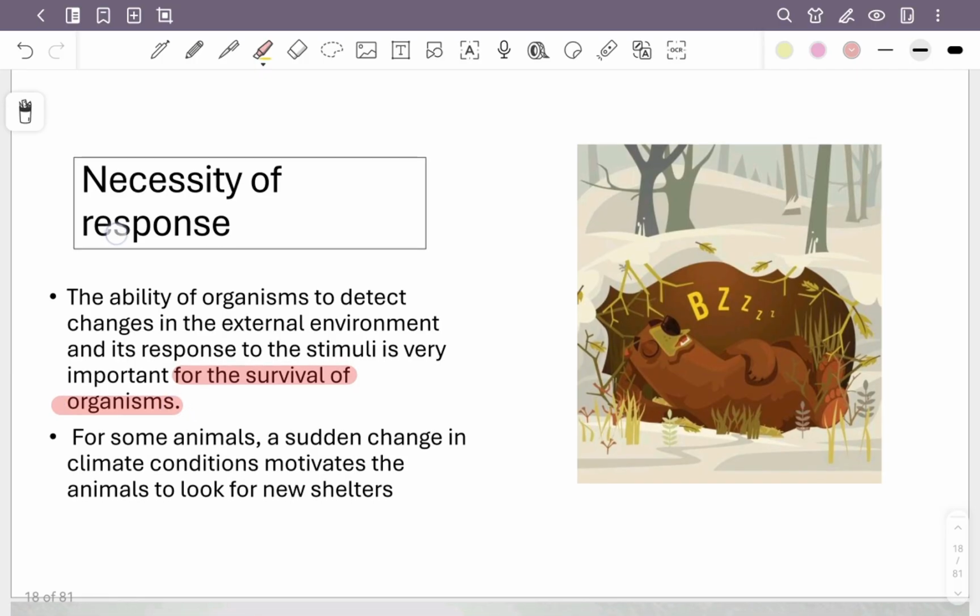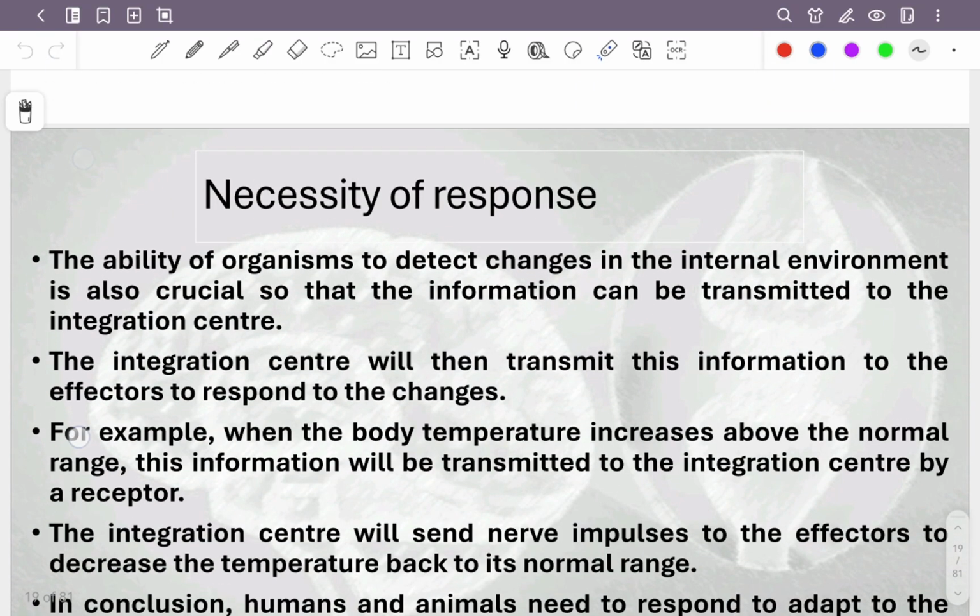For some animal, a sudden change in climate condition will motivate the animals look for new shelters. For example, here is the bear. Let's say if there is a change in the weather and let's say you have no response toward it, what will happen? The organism tend to die, correct? Because the weather is not suitable anymore. But then your body cannot detect.